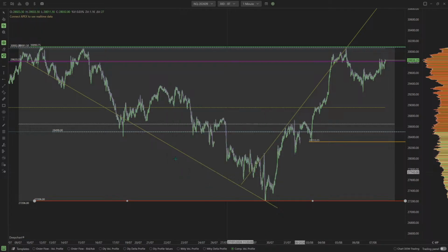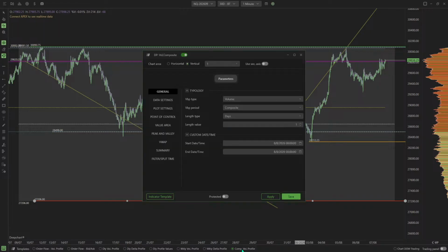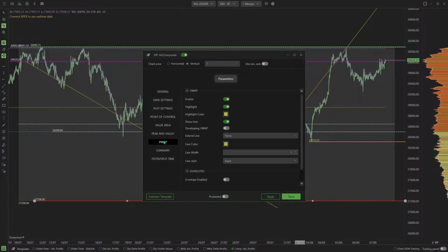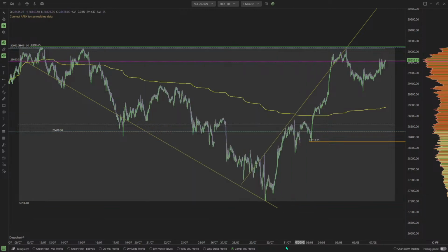Okay, so something that we don't have on here, if we can put VWAP on the composite. Show line, show developing VWAP. Let's see, does that even work? Oh, it does. Look at that.